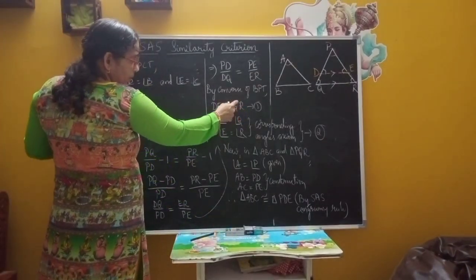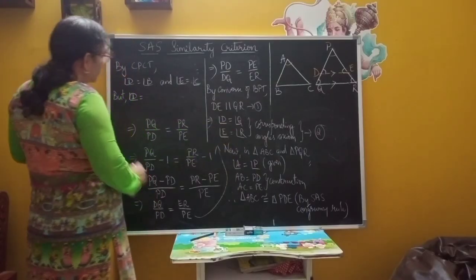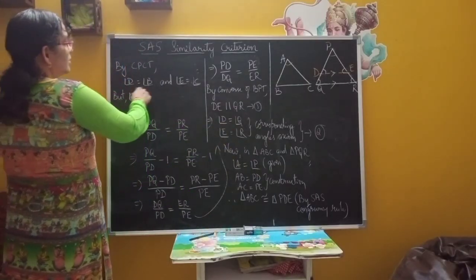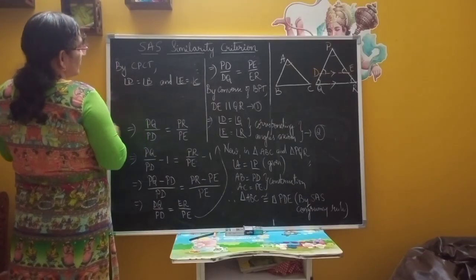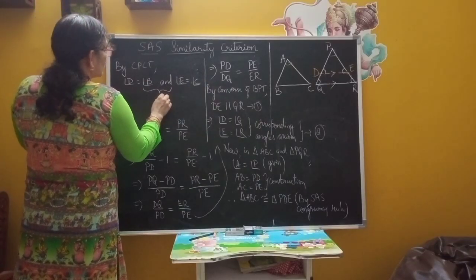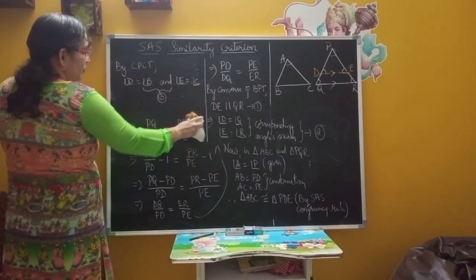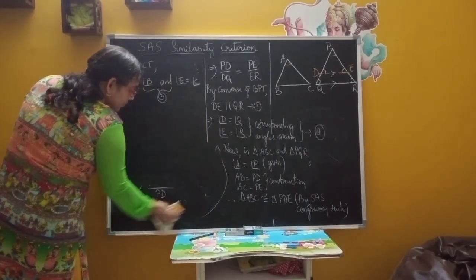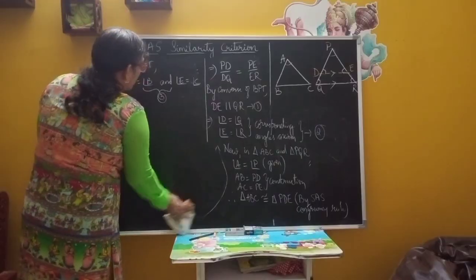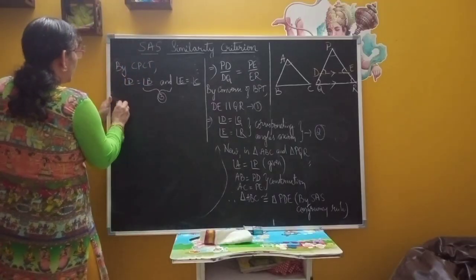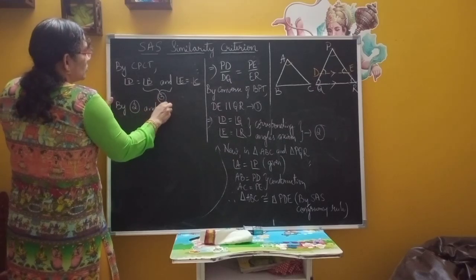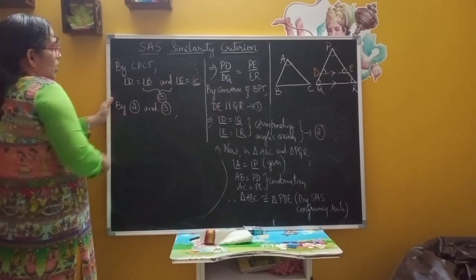By the parallel lines we have proved this now. So by 2 and let us take this pair as point 3, or points to be noted here. Now by 2 and 3, what do you say now?